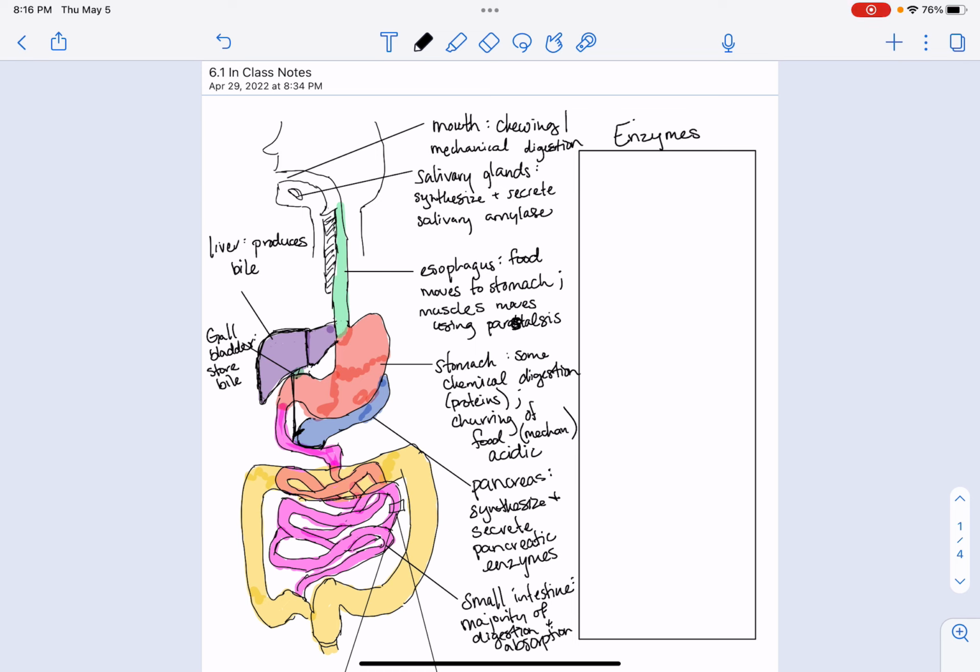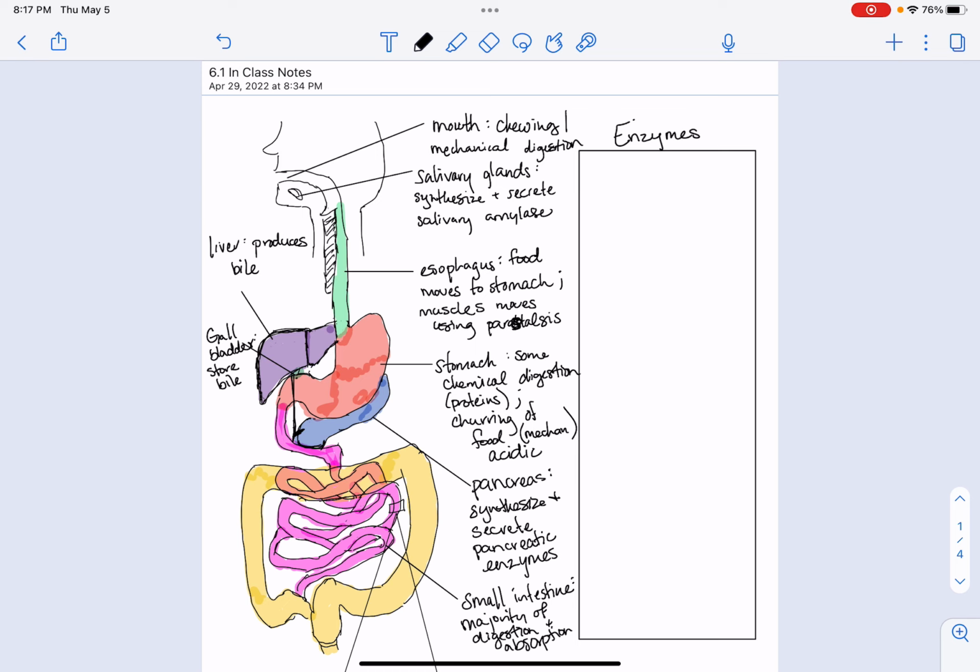Digestion is the breakdown of the molecules. We're breaking the big macromolecules up into monomers. Absorption is when those monomers get absorbed into the tissue and into the bloodstream so that they can go throughout the body and be used by the body. So digestion and absorption happen in the small intestine.